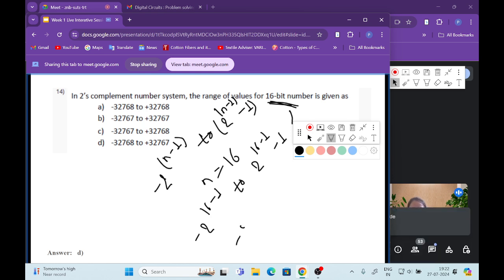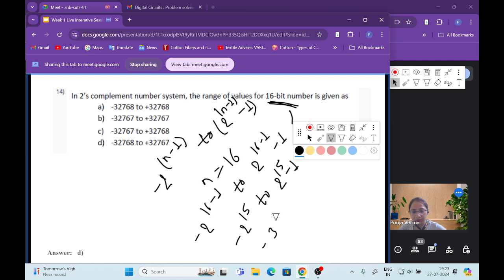So minus 2 to the power 15 to 2 to the power 15 minus 1. What is the value of 2 to the power 15? If you calculate, you will get 32,768 to 32,767, because 2 to the power 15 then minus 1.